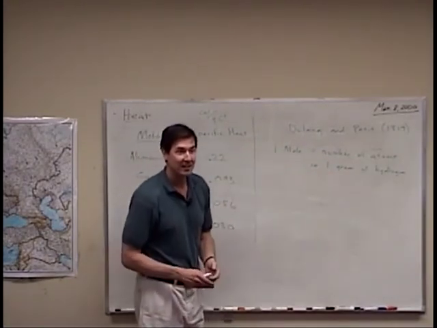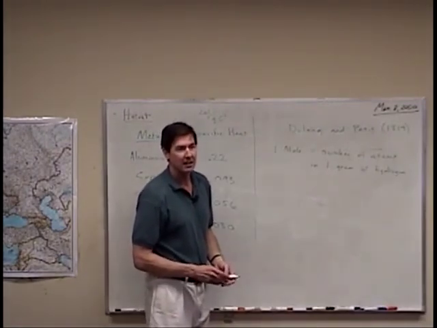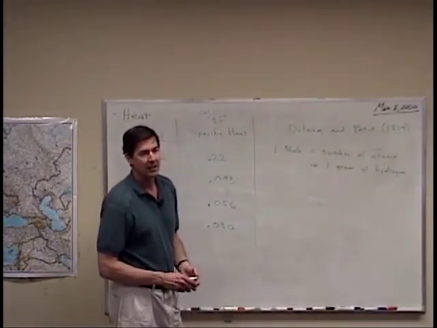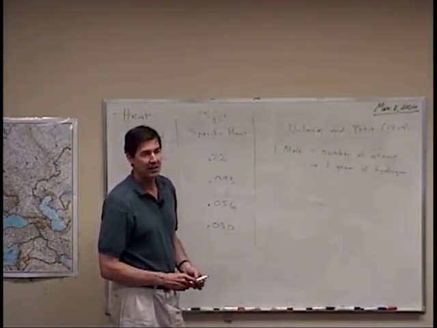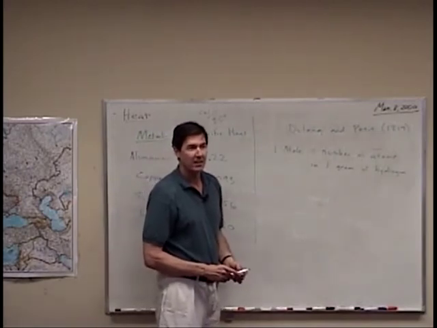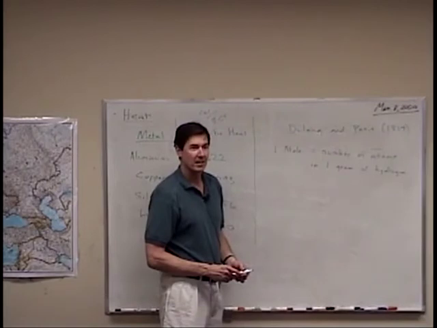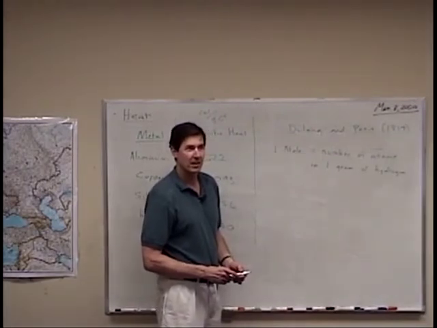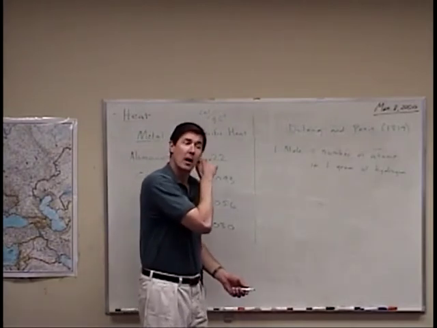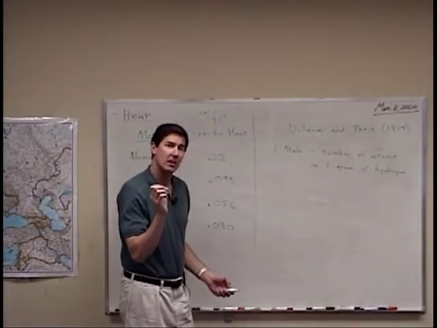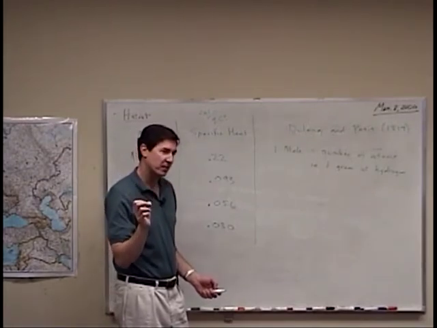But then wouldn't that mean that it shouldn't be like 1 mole for 16 grams of oxygen? Wouldn't it be more like 16 times 16? Because oxygen weighs more than hydrogen. No, but an oxygen atom weighs 16 times as much as a hydrogen atom.